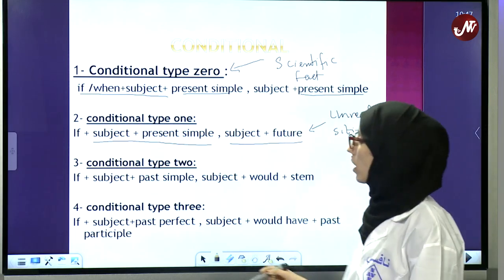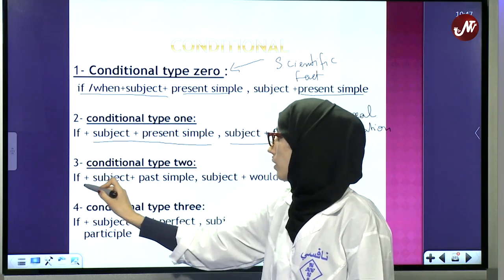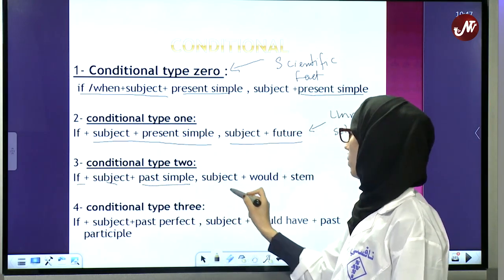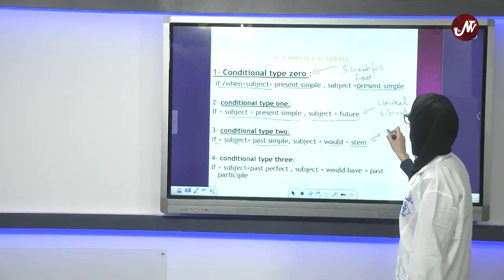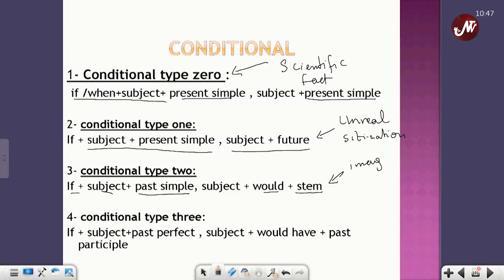Conditional type 2, if plus subject plus past simple, subject would: we use it when we imagine something, an unreal situation.